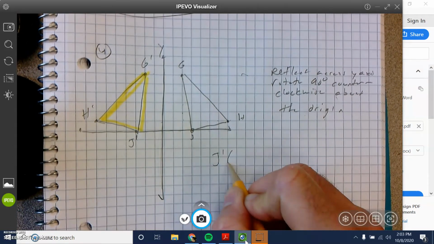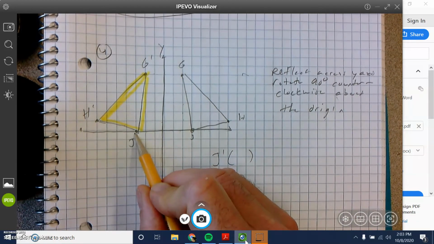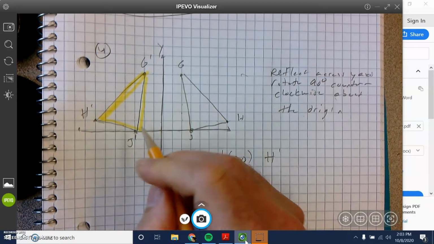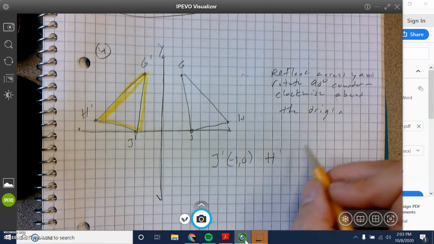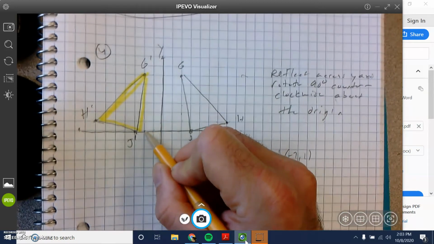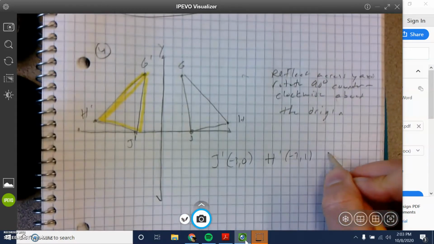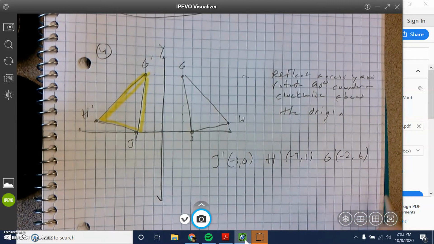J prime is -3, 0. H prime is -7, 1. And G prime is -2, 6.